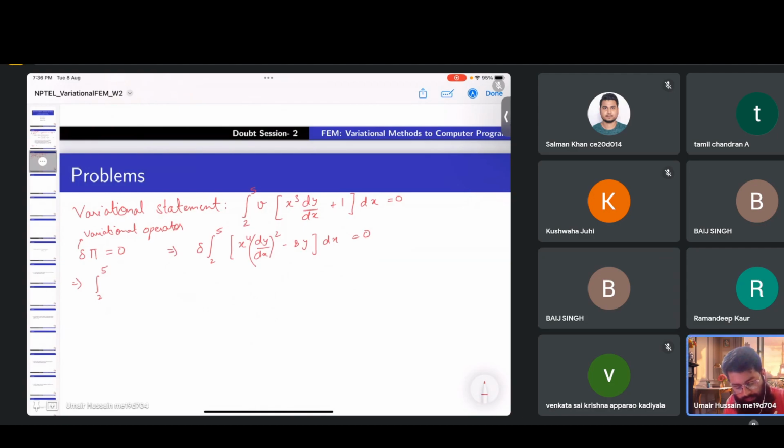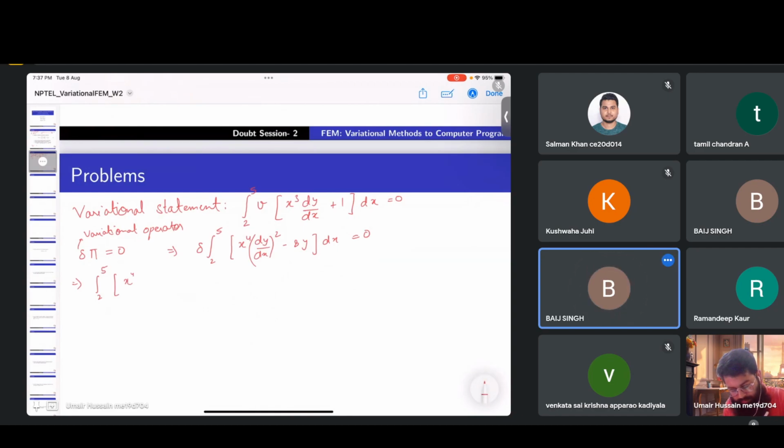Okay, so for the first term, do we apply the chain rule? Yes, sir. I'm not sure if x would be considered a variable for this operator. It will not be considered a variable. So we have to directly consider delta, whatever you can say.